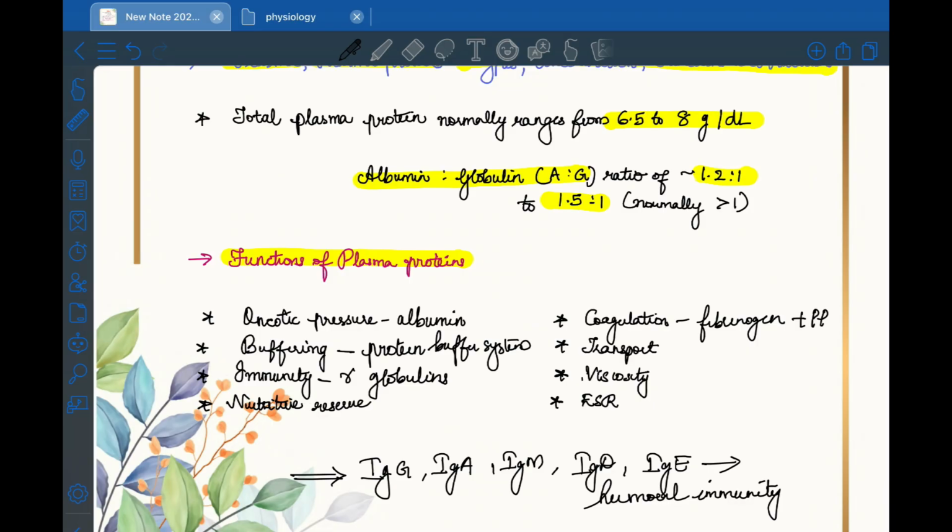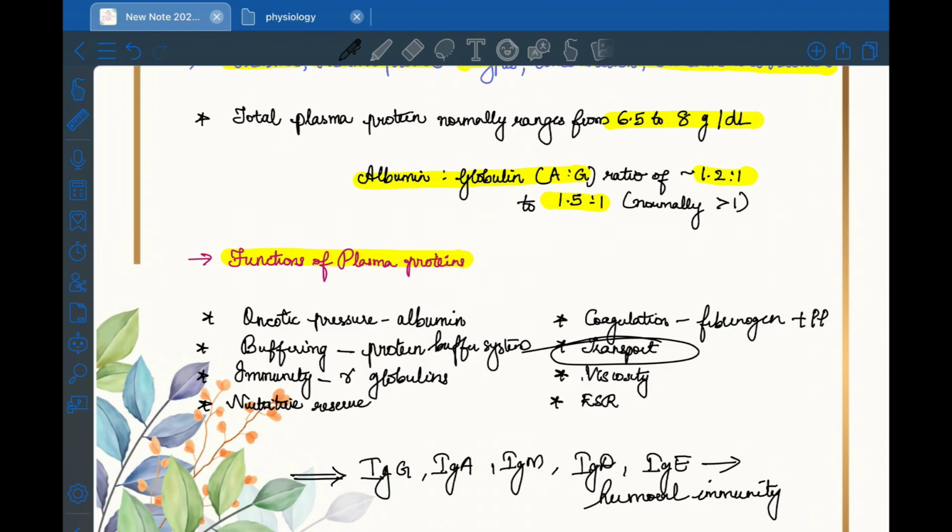These plasma proteins act as carriers for various substances. The carrier proteins for hormones like thyroxine binding globulin or transcortin, then lipids, which are carried by the lipoproteins, then metals, transferrin, which carries iron, or copper carried by ceruloplasmin. All these are examples. So the transport of various substances takes place via the plasma proteins.